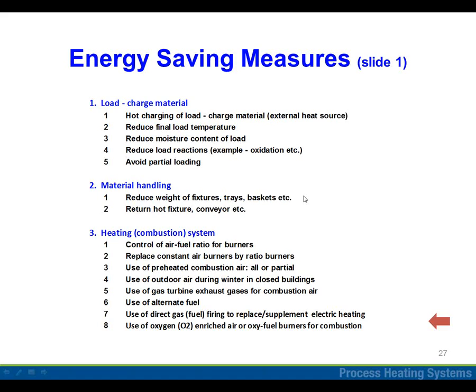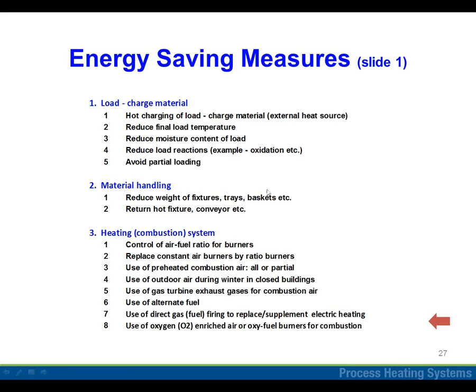Reduce the load reaction, that is, reducing the oxidation. It helps us in two ways. Obviously, it reduces the material losses, but at the same time, it improves the heating process also. So reducing the load reactions by using methods such as scale-free heating would be another example.